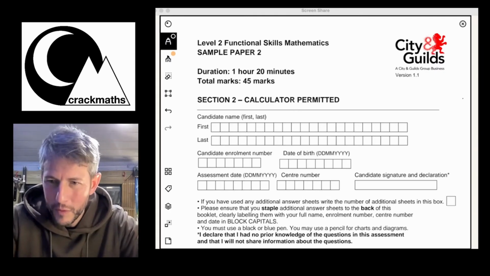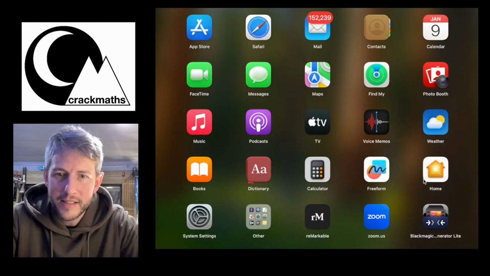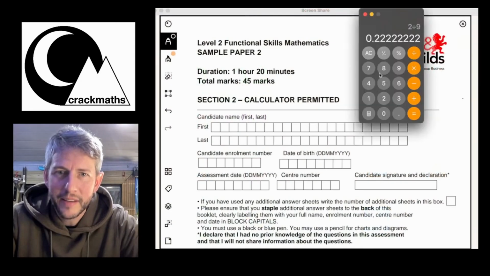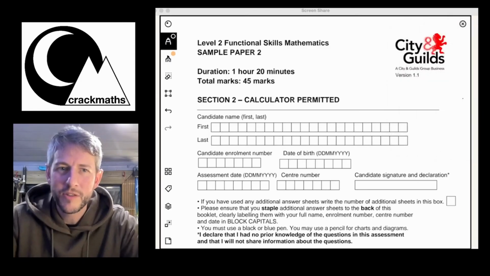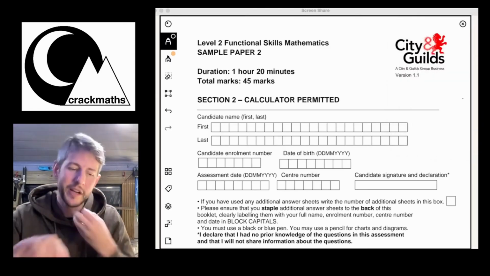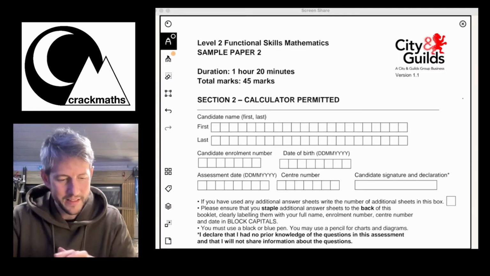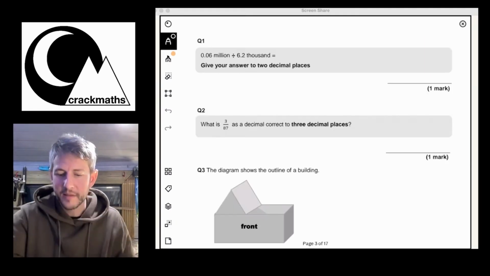So hopefully we will get this all done. Here's my calculator. Let me position it so it can be seen. I always struggle with calculator positioning. Okay, I'm going to leave it off the screen and only bring it on when required. Let's get started.